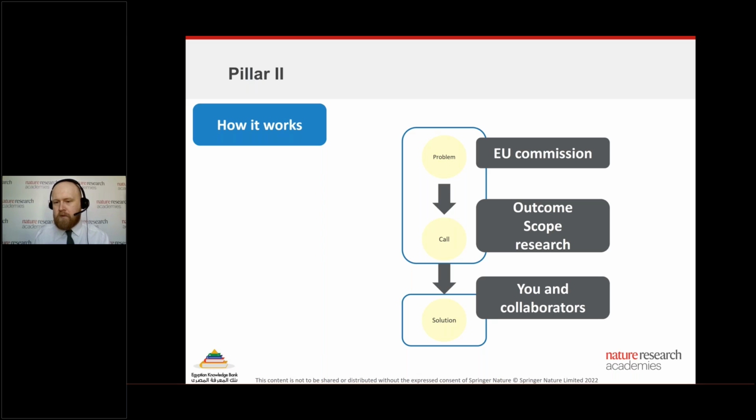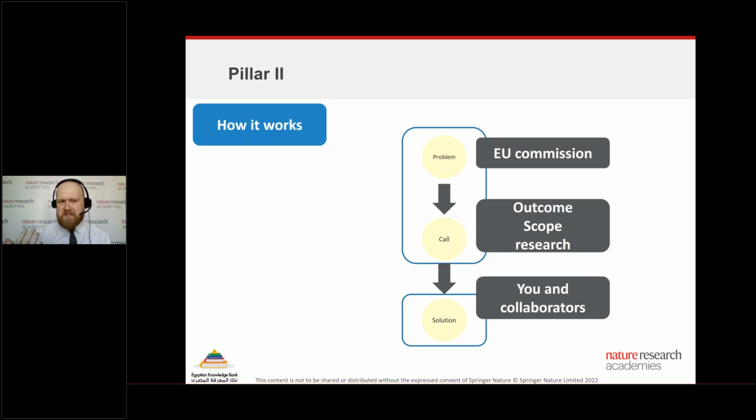So remember, Pillar 1, the evaluation criteria was scientific excellence only. But now in Pillar 2, excellence is important, but impact to society and the environment is important as well. The non-scientific impact is just as important as the scientific impact.